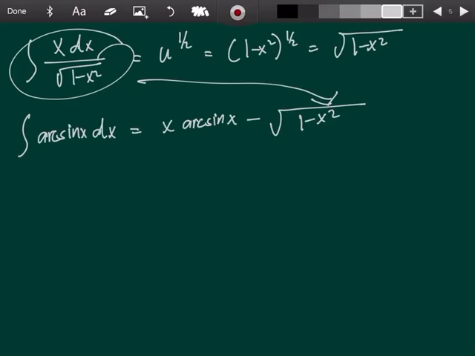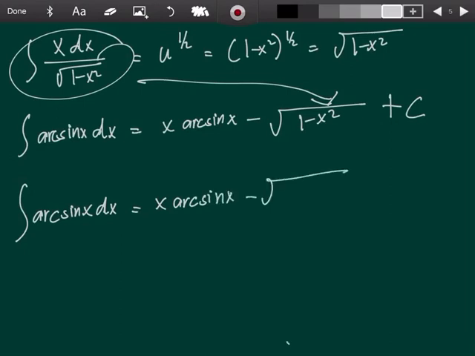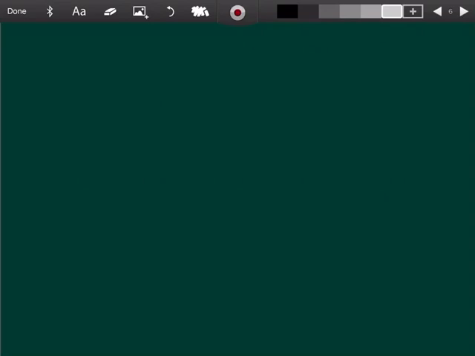And do not forget the arbitrary constant c. So, no final answer? Arc sine x dx is equal to x arc sine x minus square root of 1 minus x squared plus c. Okay. So, method of integration by parts with method of substitution. Okay. So, let's answer another.